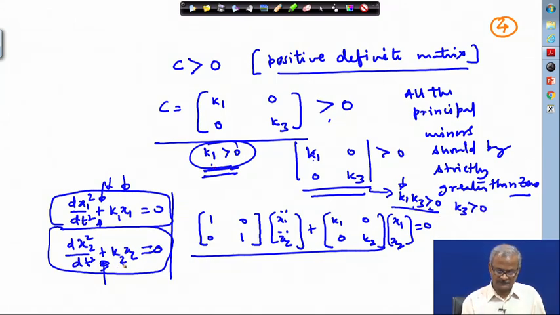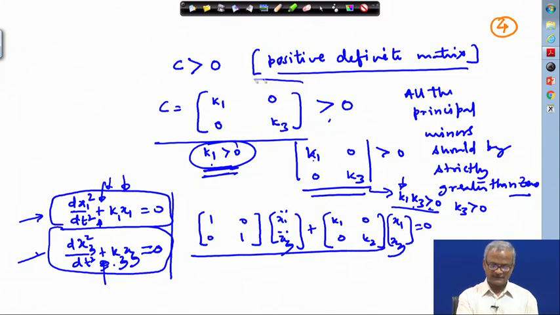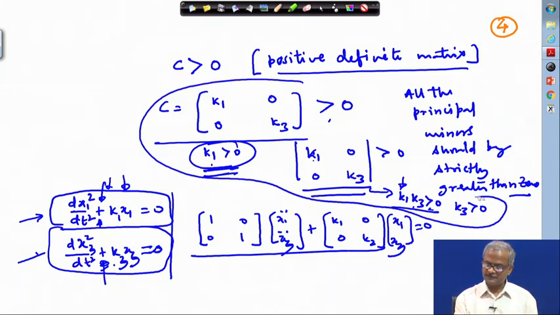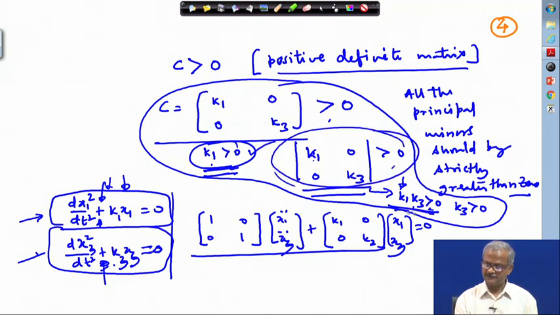I will make here the x 3 and k 3 x 3, so that it looks the same. From this place it is clear that k 1 and k 3 must be greater than 0. If we look through this part, this also says that k 1 should be greater than 0 and this quantity should be greater than 0, which gets reduced into this format and tells that k 3 should be greater than 0, which is indeed the case.